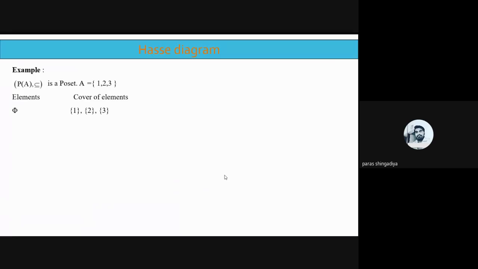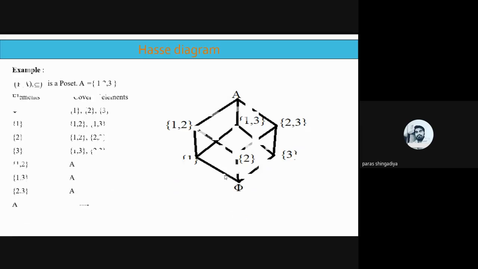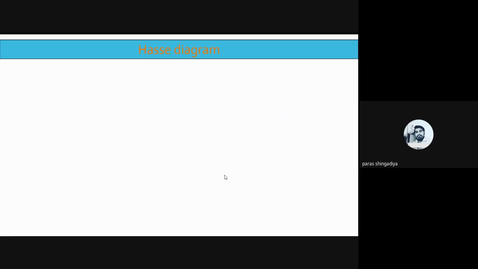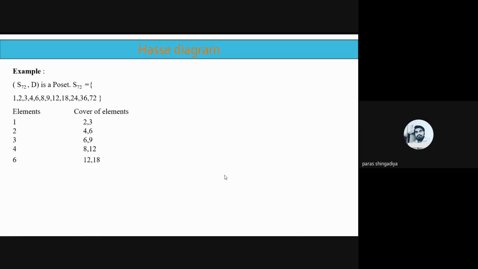There is a second example, P of a subset. First, you have to identify the cover elements, and based on that, we can create such a type of set. And then after that, (72, D), first you have to define the set of divisors of 72, and then check the cover element of each entry.